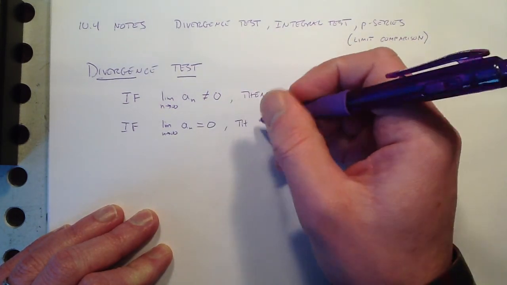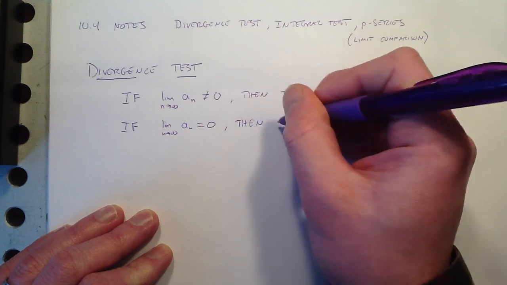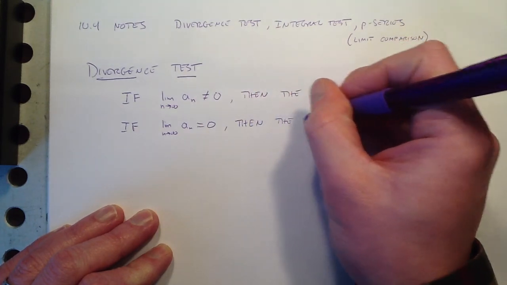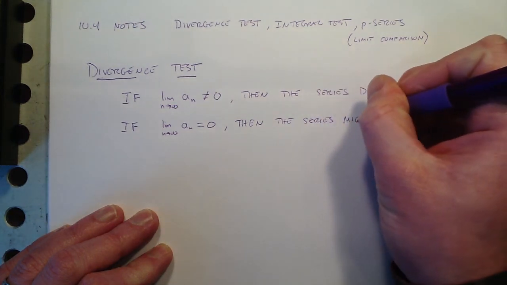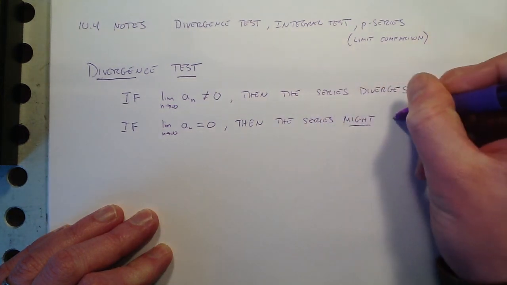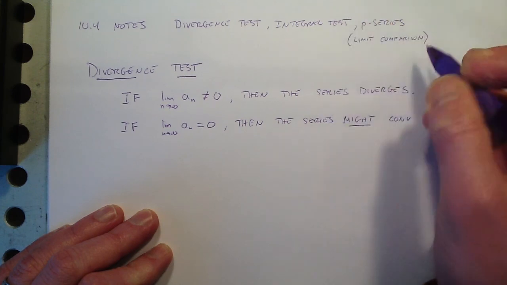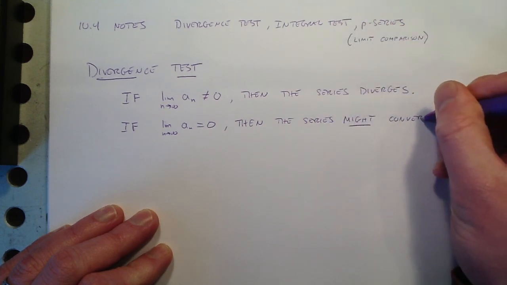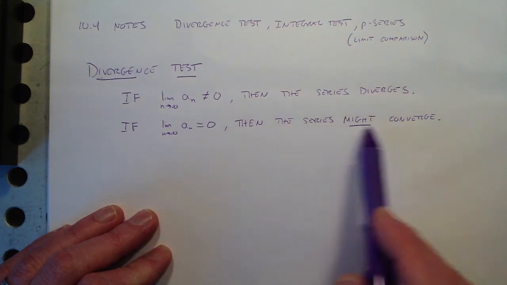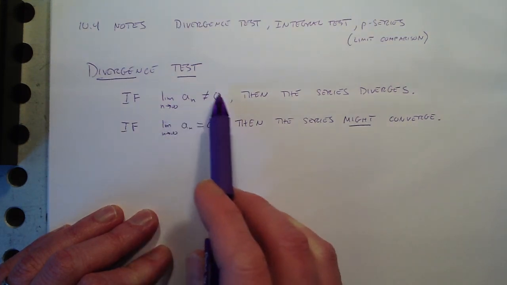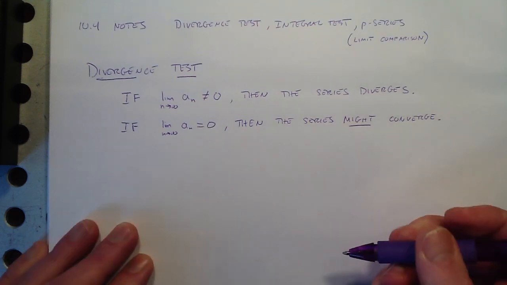So if the terms are going to 0, then the series might converge. At least it's got a chance. And that's where the other tests come in. But the first thing we want to check, before we start investigating whether it converges or not, is that it has at least got a chance.